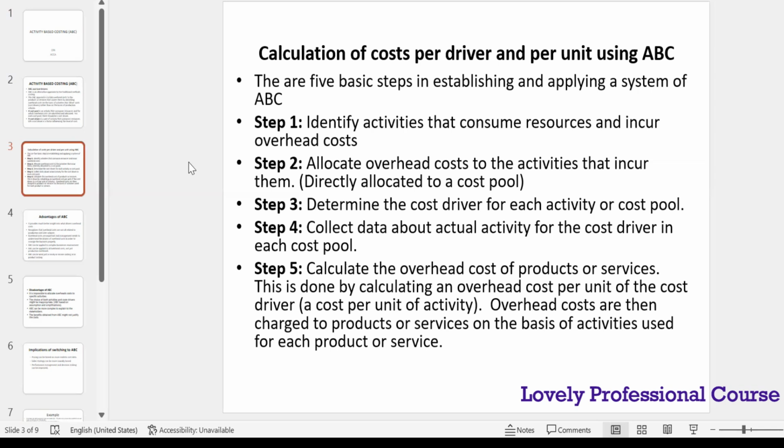Step 4: collect the data about actual activities for each cost driver. Then step number 5: compute the overhead cost of the product or service. Let me give you a simple, quick example.